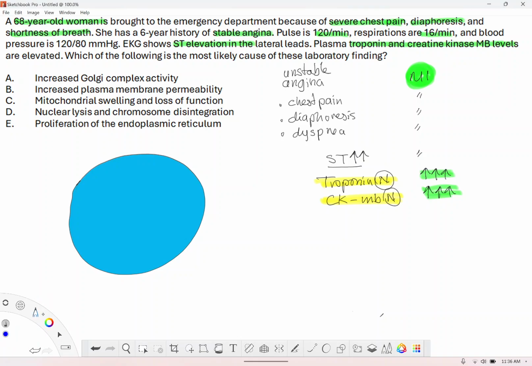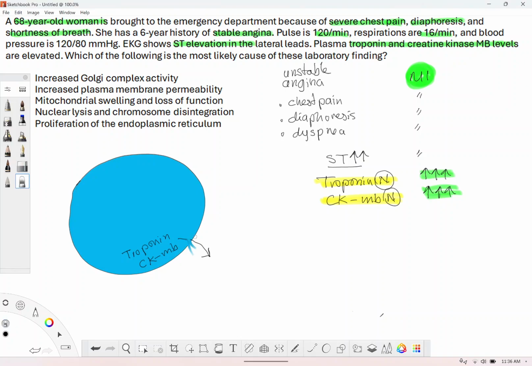If we pay attention to a myocardial cell, it's full of enzyme. I'll put T, troponin, and it's full of CK-MB. The only time when this cell gets damaged, you can find this enzyme in circulation or in plasma. Only when it's damaged. In myocardial infarction, obviously the myocardial cells get damaged, so their content will be released.